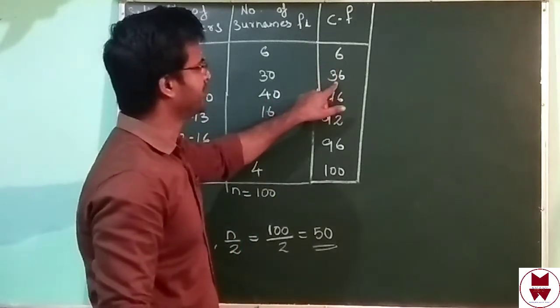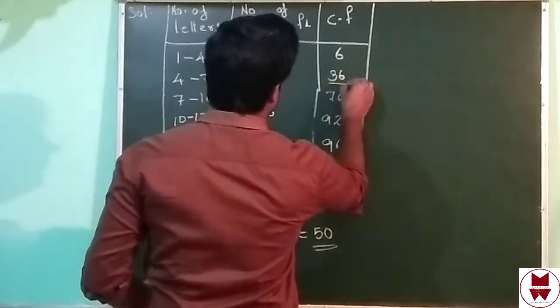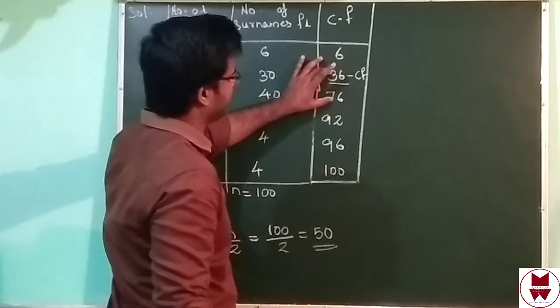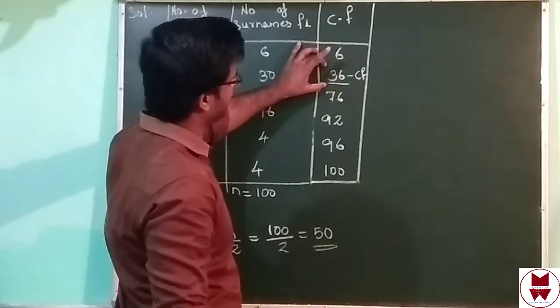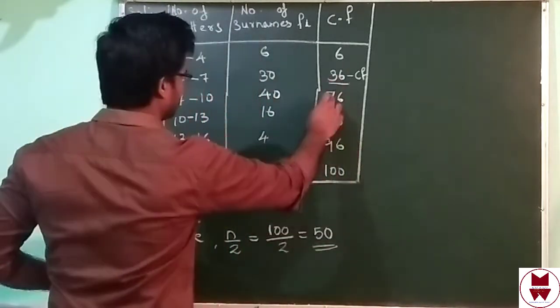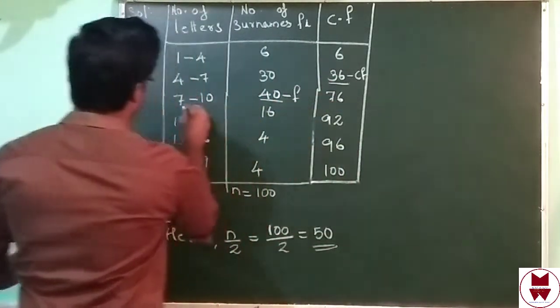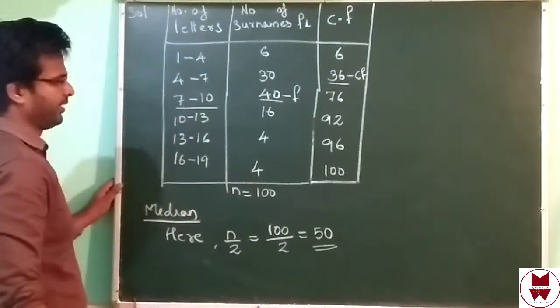In between 36 and 76. Then this 36 will be CF. Then just come downside, this 40 will be f. This is our median class.